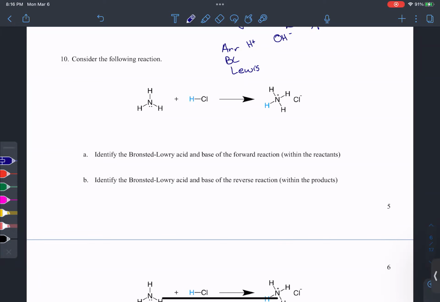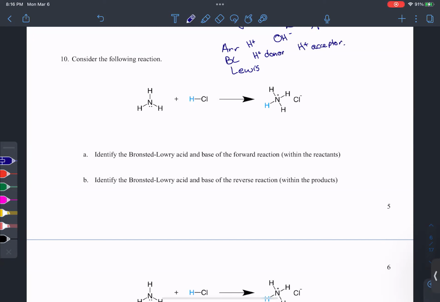But sometimes those definitions don't include everything. So with Bronsted-Lowry acids and bases, we were a little bit more generic, and we say, okay, a Bronsted acid is an H plus donor. It will donate an H plus, while a Bronsted-Lowry base is an H plus acceptor.